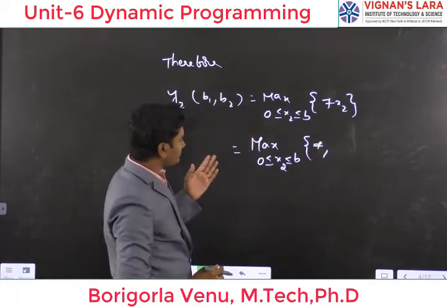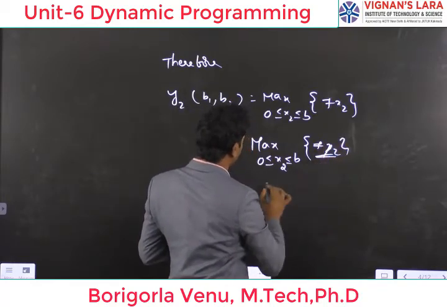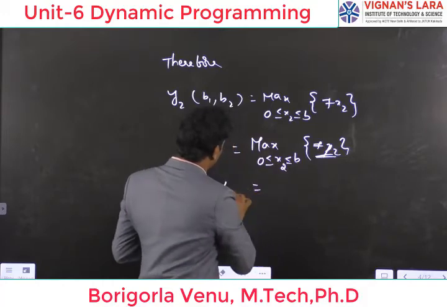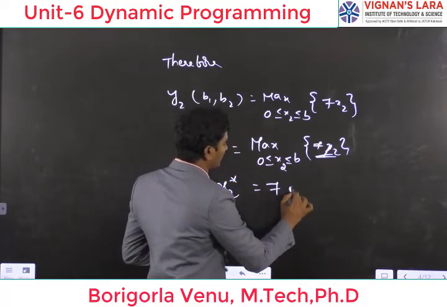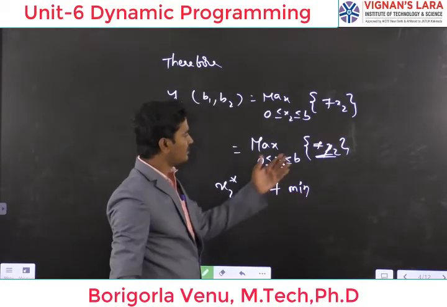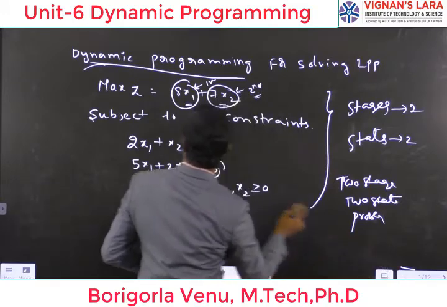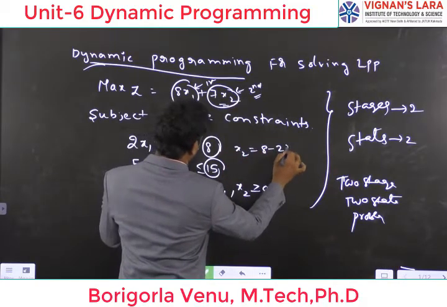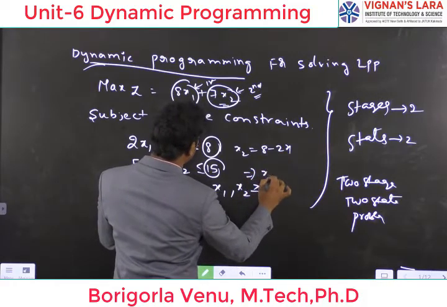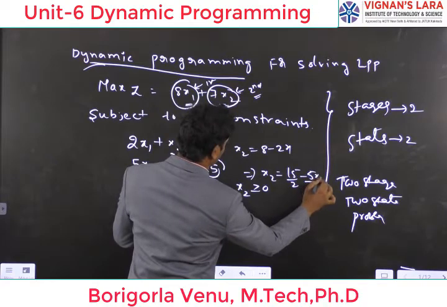So here we are going to rewrite this 7x2 based on the equation, that is x2 star equal to 7 into the minimum of the x2 values. What are the x2 values? From the first constraint, x2 is equal to 8 minus 2x1. From the second, x2 is equal to 15 by 2 minus 5x1 by 2.